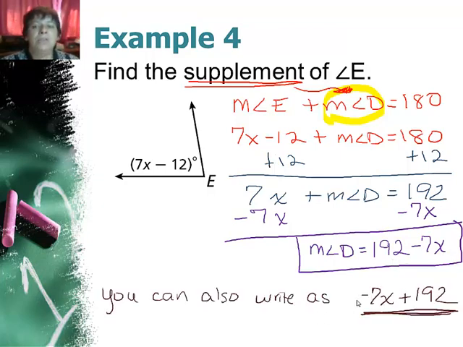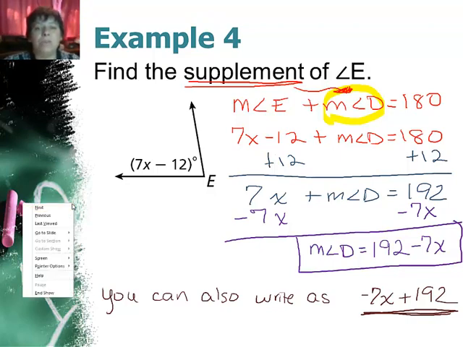If you wrote the x term in front, that's fine. You could have also said it was negative 7x plus 192. This is the answer. There is no way that I can set it equal to something else or set up an equation with another known number to find out what x is. In this case, you're just giving me an expression for the value of the supplement, the angle that adds up to 180 with.